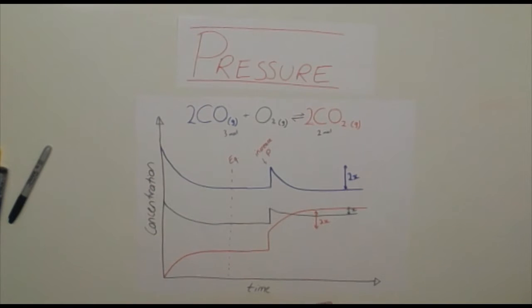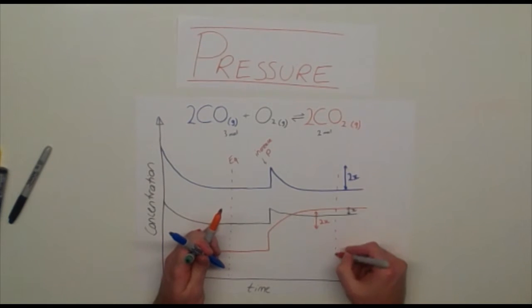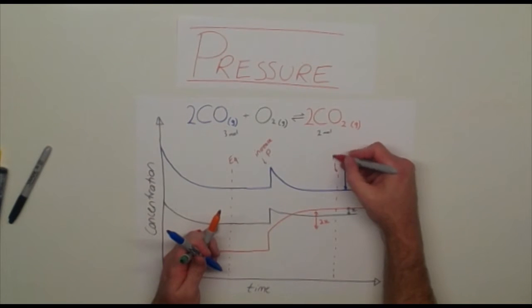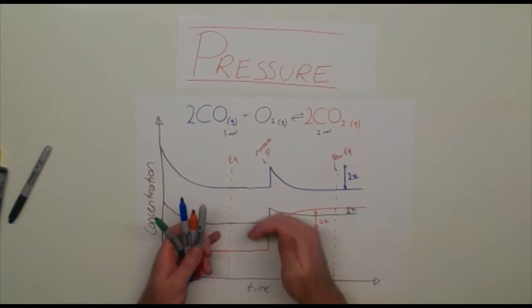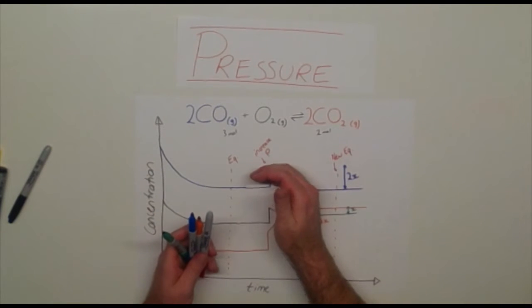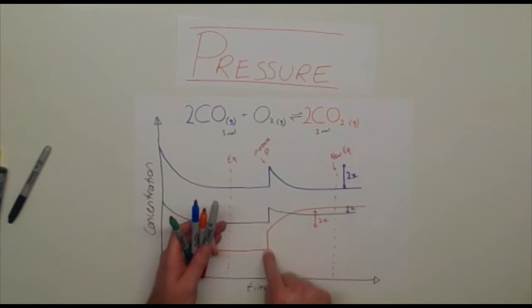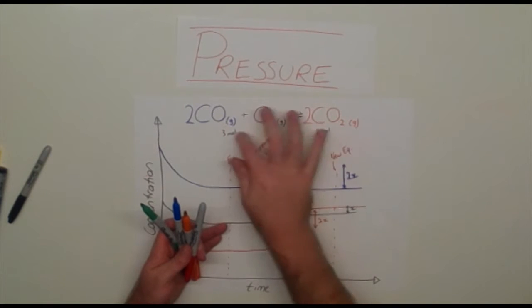So that's actually going to go up by 2x amount. Okay? Until we get to a point where all the concentrations are not changing, they're constant, and so this is our new equilibrium. Okay? So it's really, really important that you understand what effect pressure has of increasing the concentration straight away if you increase the pressure, or if you decrease the pressure straight away, all 3 of your lines would drop down.